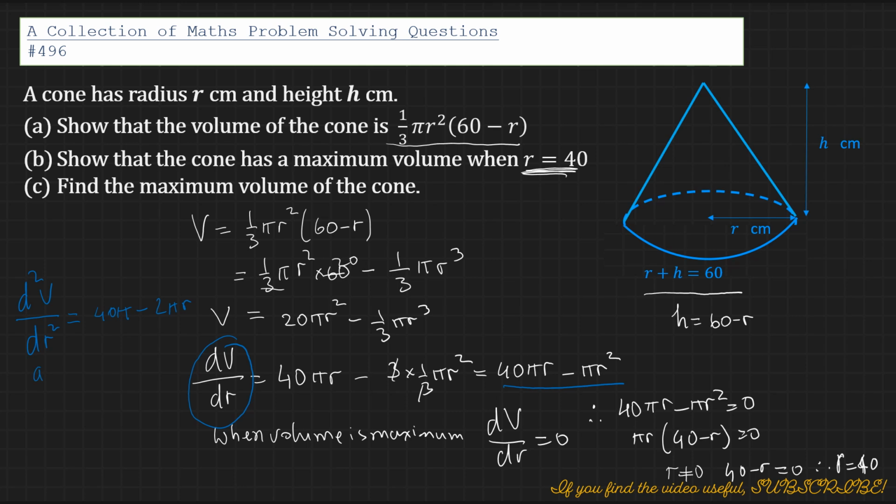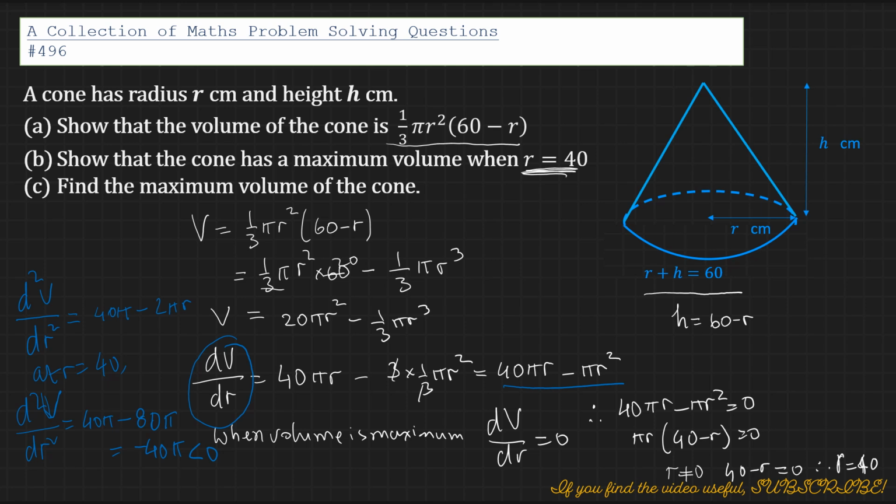Now at r equals 40, d2V/dr squared, this is capital V mind you, would be 40 pi minus 2 times 40, which is 80 pi, that is minus 40 pi, which is less than 0.